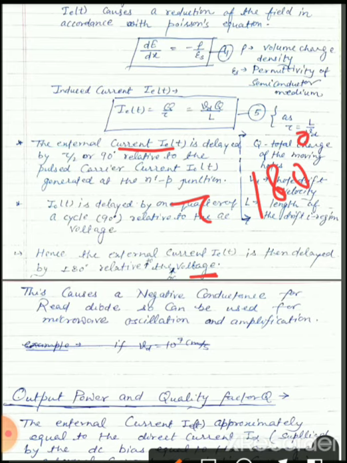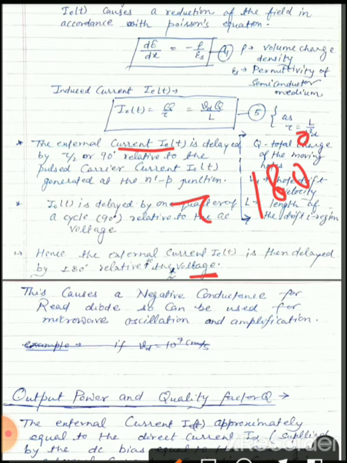Hence the external current I_ET is out of phase with respect to the applied AC voltage, and this causes a negative conductance, or we can say negative resistance, for a Read diode.